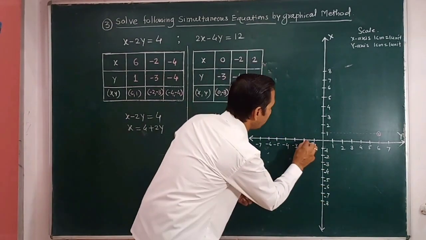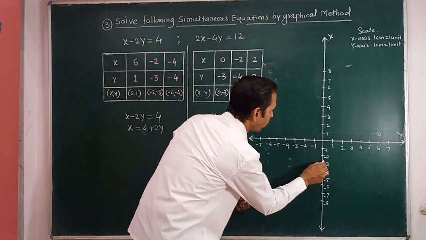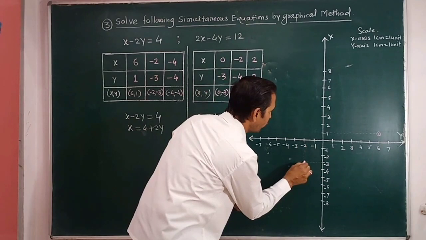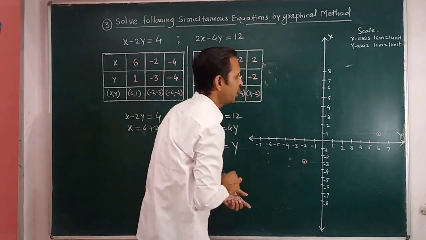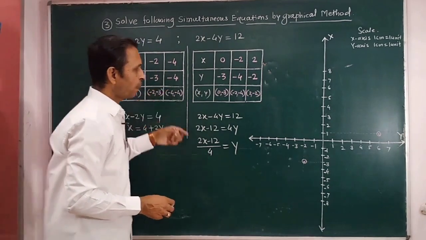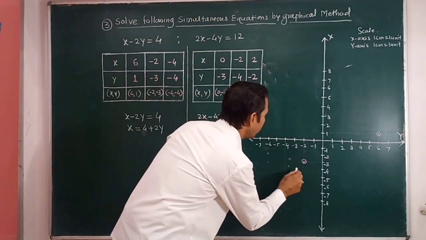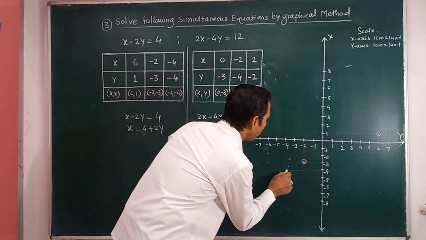This is the point (-2, -3). The next point is (-4, -4). This is a point.